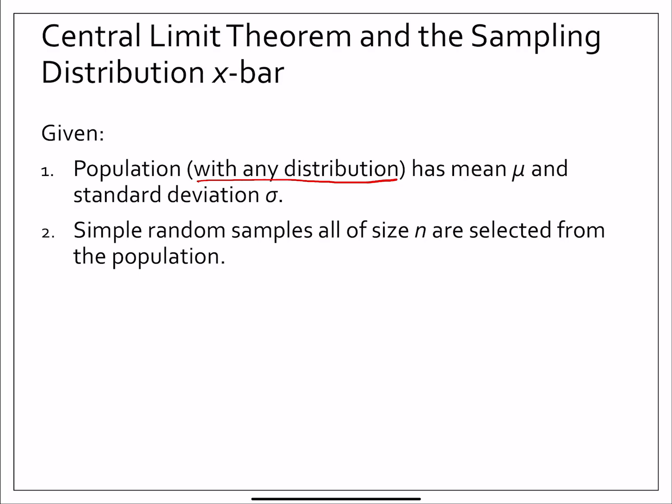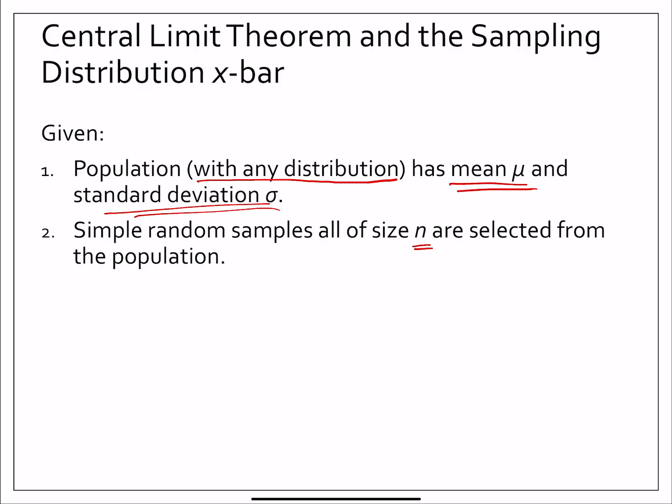Previously, we had just worked with normal distributions. When we have normal distributions, there are special things that we can do. But when we have other distributions, we have to fall back on the central limit theorem. So when we have a population that has a mean of mu and a standard deviation of sigma, what we're trying to do is find simple random samples of the same size from that population, and work with the sampling distribution that we create.